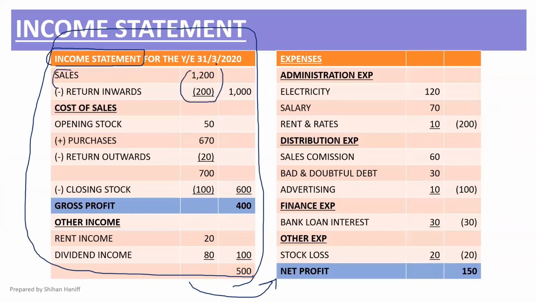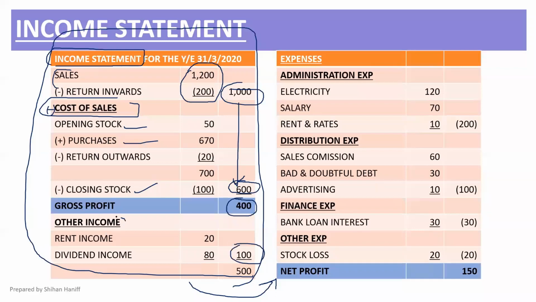Right? So sales minus sales return. Return inward is the net sales. Out of that, we deduct the cost of sales. How do you get the cost of sales? Opening stock plus purchases minus closing stock. This is cost of sales. So from the net sales, if you deduct the cost of sales, the answer will be gross profit.